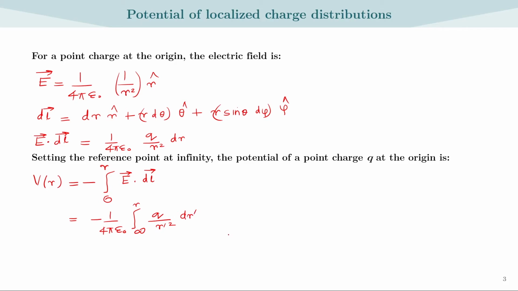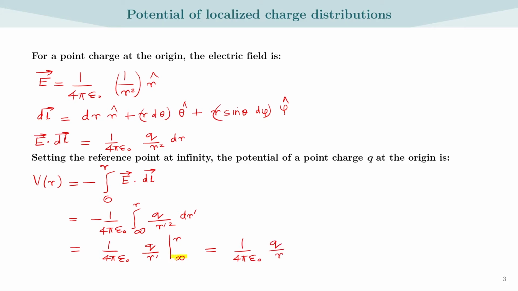Here r prime is a dummy index, and this is equal to 1 over 4 pi epsilon 0 q over r prime, starting from infinity to r, and this will give 1 over 4 pi epsilon 0 q over r.